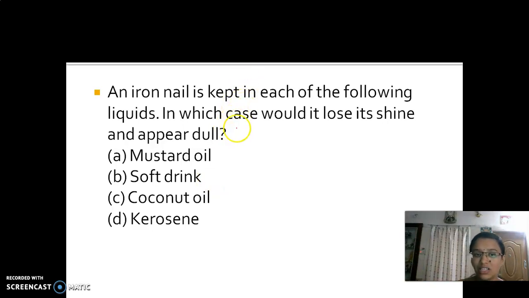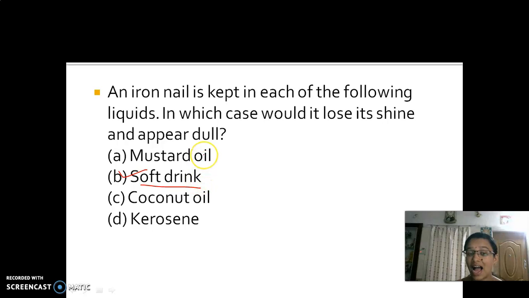Okay, I will explain, listen. In mustard oil, coconut oil and kerosene, it won't lose its shiny property. But when an iron nail is kept in a soft drink, it loses its shiny appearance and appears dull.